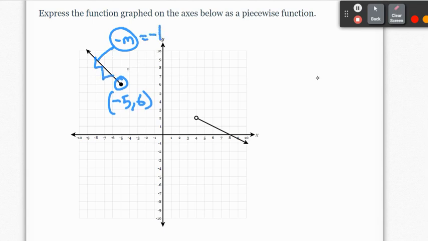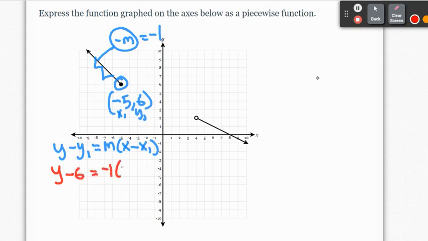So using point slope form, y minus y1 equals m times x minus x1. I replace the 3 little pieces. I've got m, and then I've got x1, y1. And so I write y minus the y1 is 6 equals negative 1 times x minus parentheses negative 5.